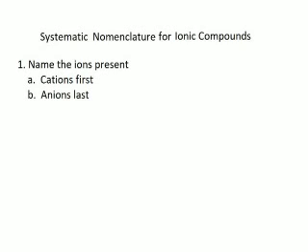And when you list the ions, you always list the cations first. That is, you write them first in the formula, and you mention them first, anything with a positive charge on it. And you write the anions last, and you name them last when naming a compound. So the first step is you name the ions present. Cations first, anions last.